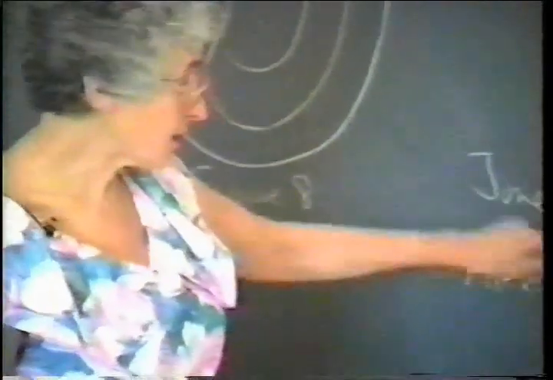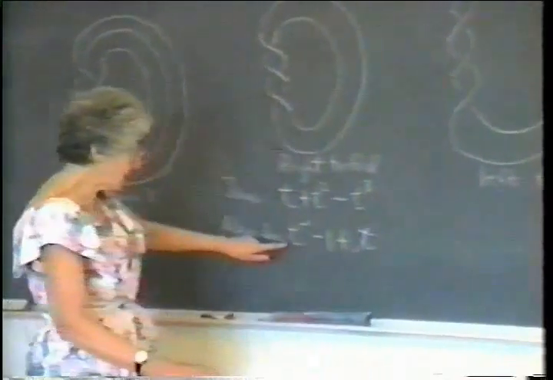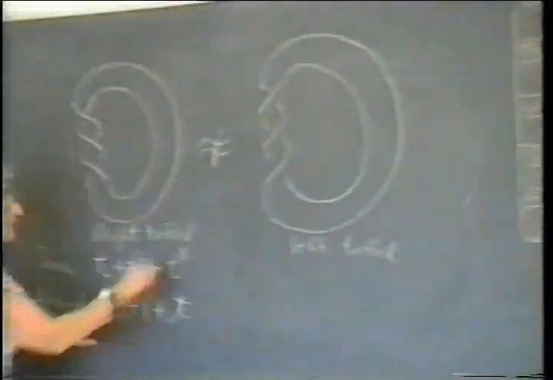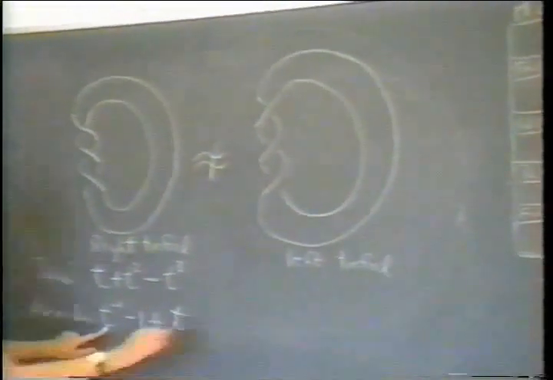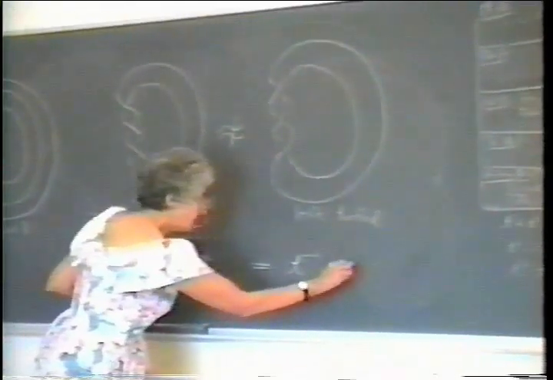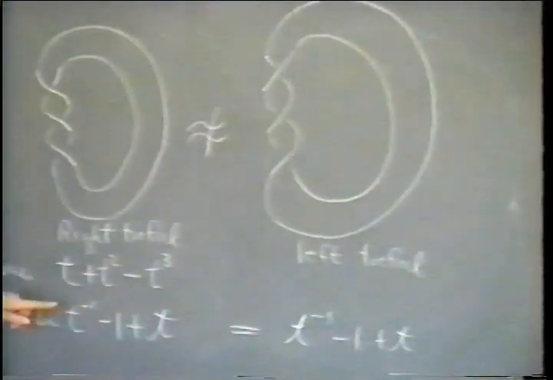Let's try it on something else. Well, I knew from other things that, in fact, these knots, the right trefoil and the left trefoil, are inequivalent knots, but as it happens, their Alexander polynomials are the same. So the next question was, why not calculate the Jones polynomial for the left trefoil?